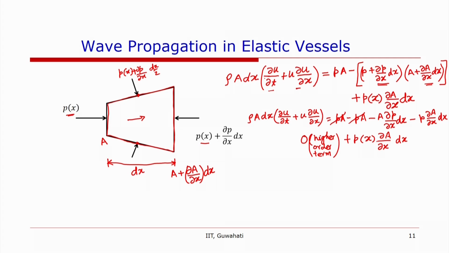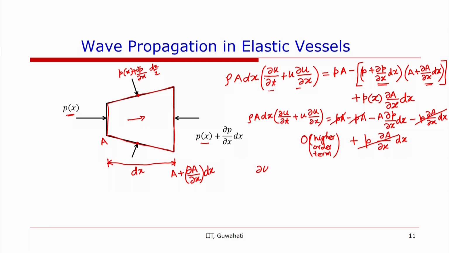And this is P. I should have avoided writing Px here, so we will just write this as plus P, and this will cancel out. So now we see in these two equations A dx will cancel out.